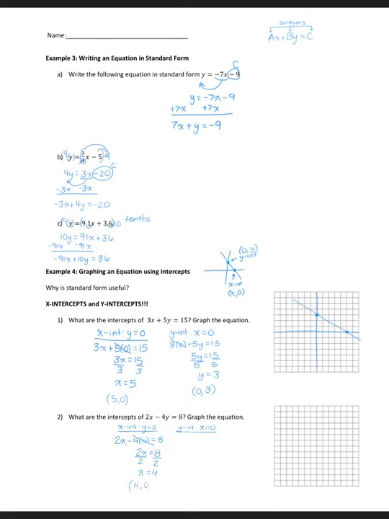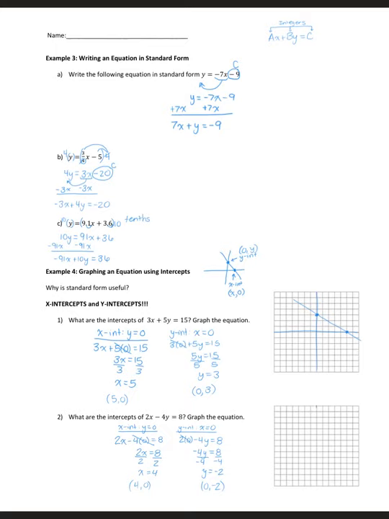So your coordinate is 4, 0. On the other hand, if you're looking for a y-intercept, set x to 0. That goes away. Negative 4y is equal to 8. Divide by negative 4. Y equals negative 2. So your y-intercept is 0, negative 2.